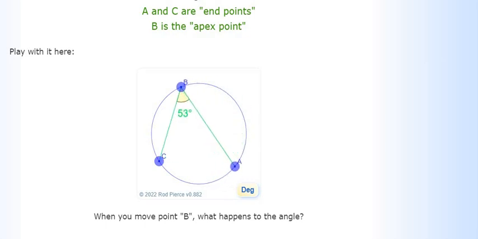But if I change the size of the arc, clearly you can see the angle has changed. If we move this point B anywhere on the circumference and draw two chords from points A and C, the size of the angle will remain the same.